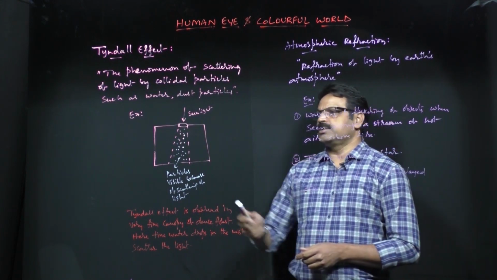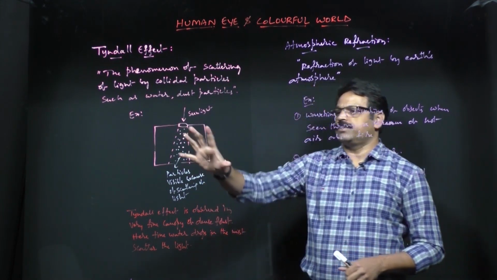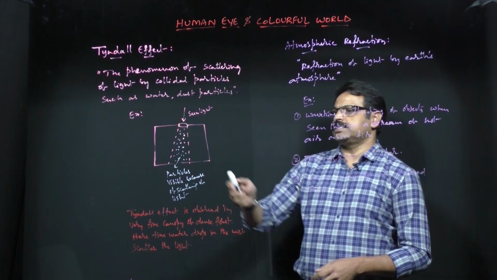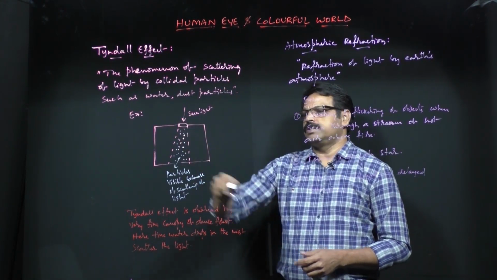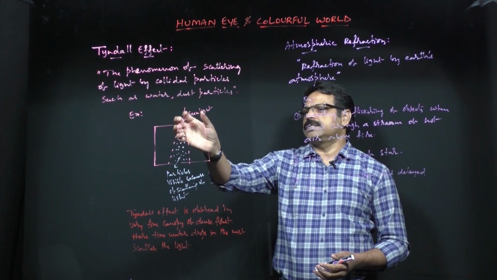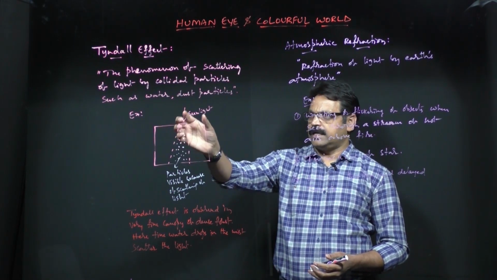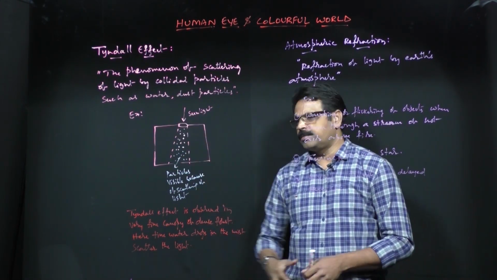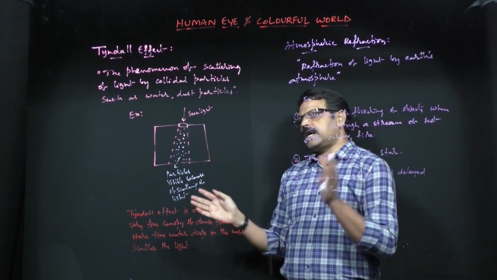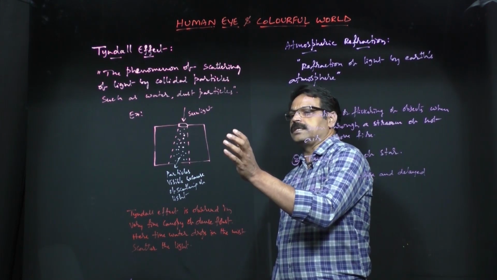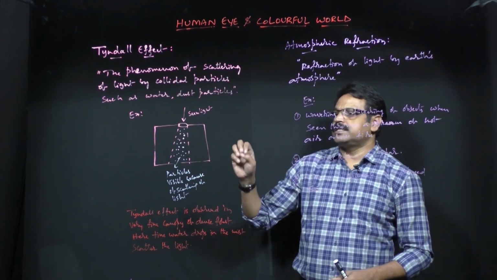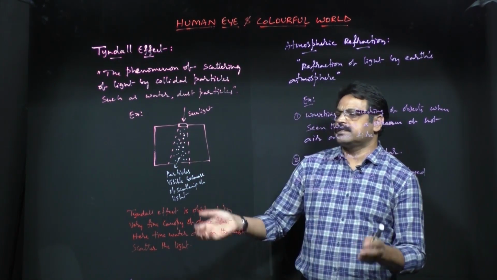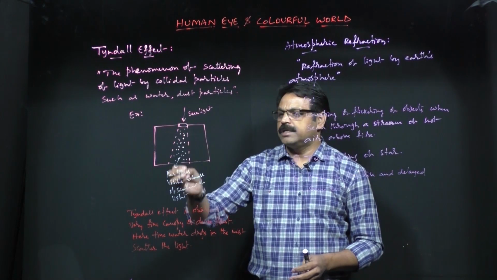So as an example, you can see such a phenomenon in a closed room in which a small hole is made. When sunlight is allowed to pass through this, the radiations of the sunlight are absorbed by the particles and are scattered. Since the light is scattered, the particles become clearly visible.